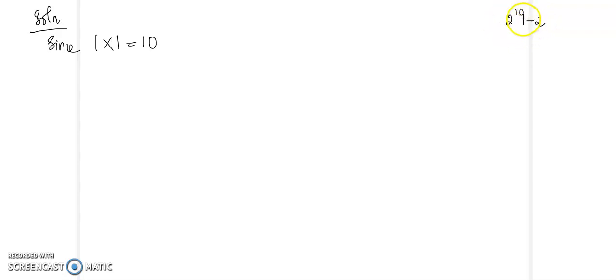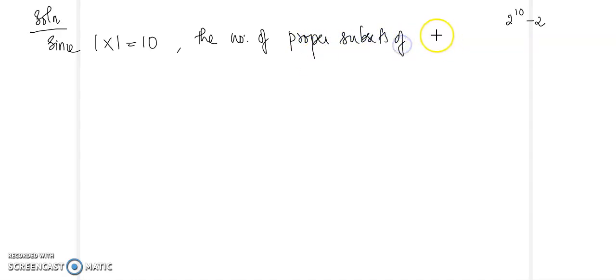So the number of non-empty proper subsets of X is 2 raised to 10 minus 2, which is equal to 1022.